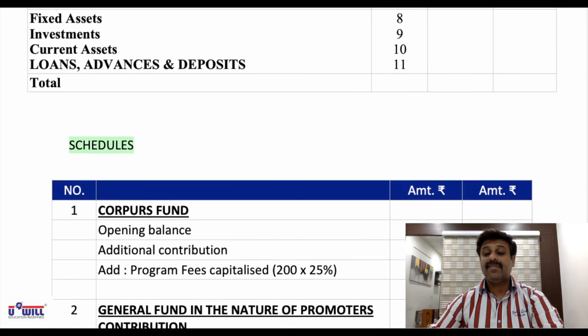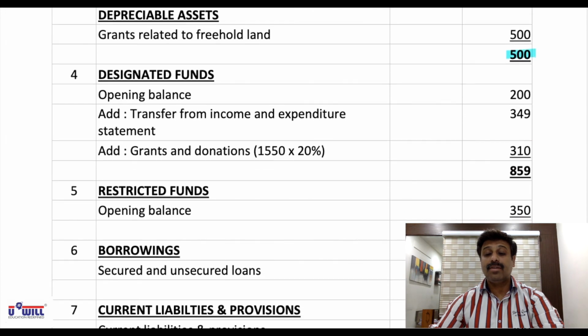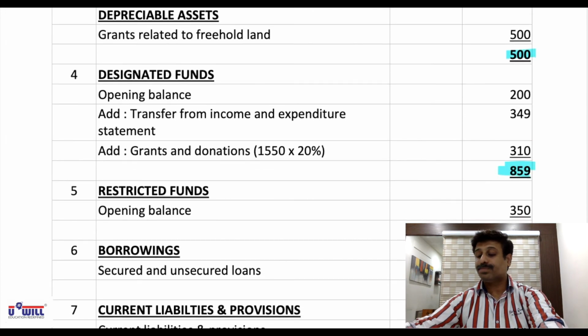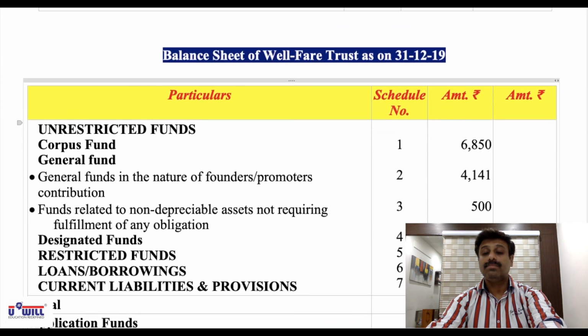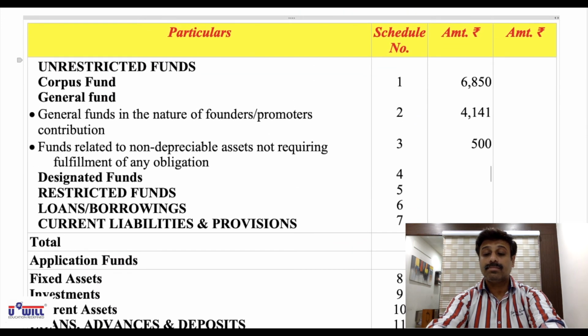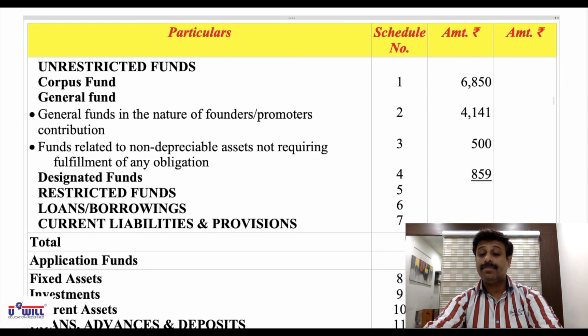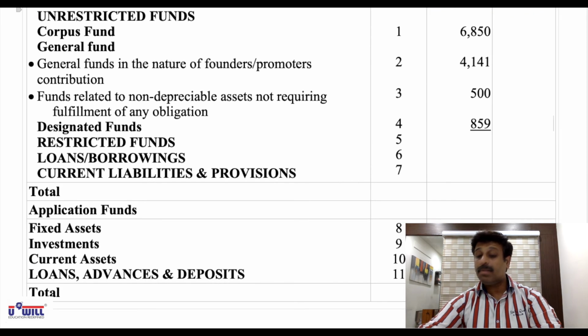And designated funds 859. Now we can do the unrestricted funds total in the outer column. So 6850 plus 4141 plus 500 plus 859, 12350.